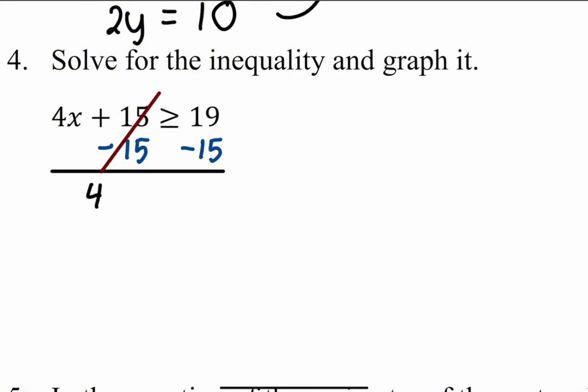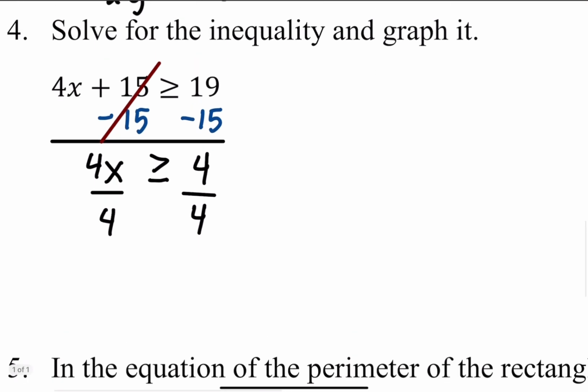And then bring down 4x is greater than or equal to 19 minus 15, which is simply 4. Divide both sides of the inequality by 4. 4 divided by 4 is 1. So we have 1x, or simply x, is greater than or equal to 4 divided by 4, which is 1.